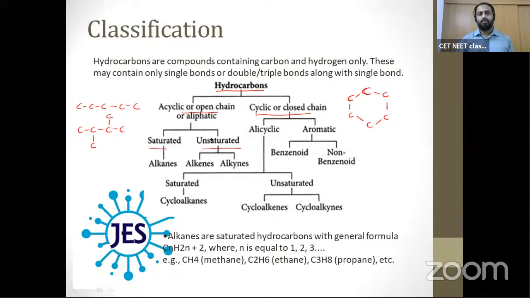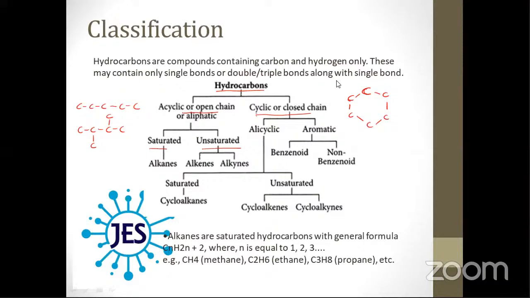What type of carbon-carbon bonds do you expect in an unsaturated compound? Yes, very good. Jyoti says when there is a double bond or triple bond. Aishwarya says double bond or triple bond. That's right. So whenever there is a double bond or a triple bond, you say the compound is unsaturated. When there is only a single bond, the compound is saturated.